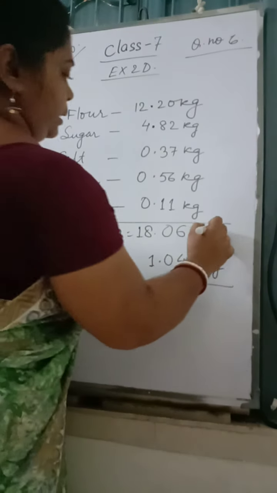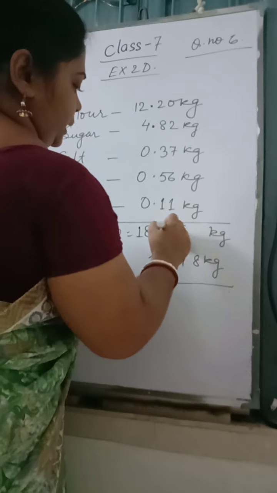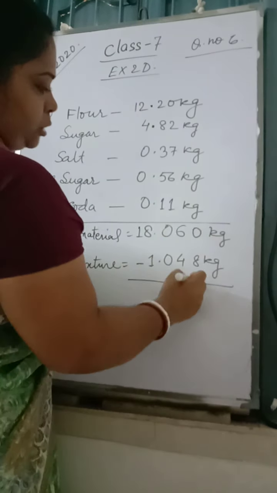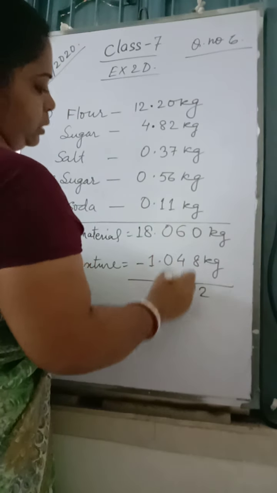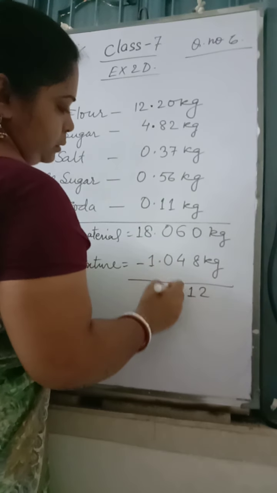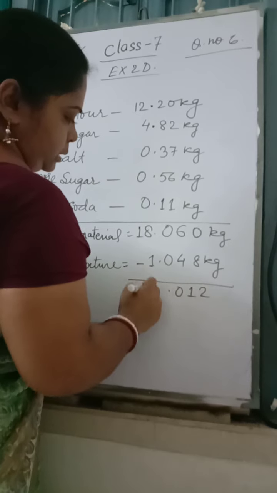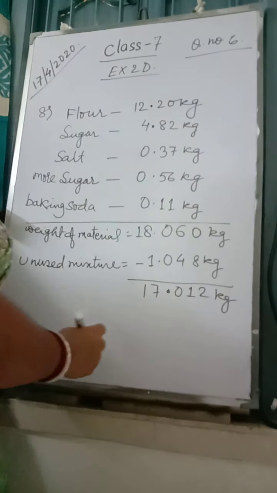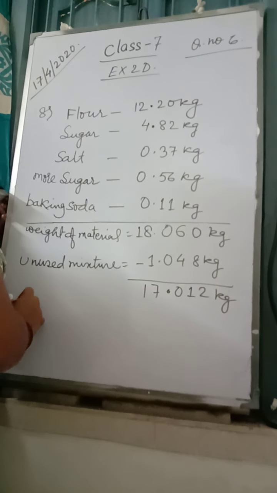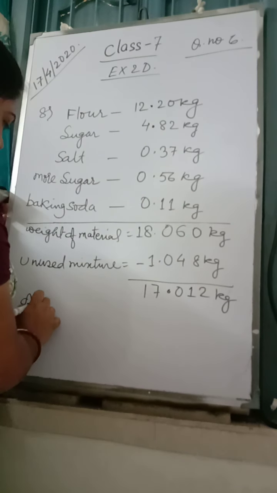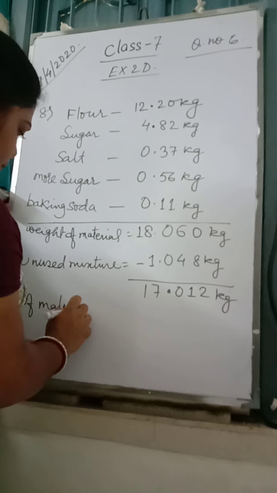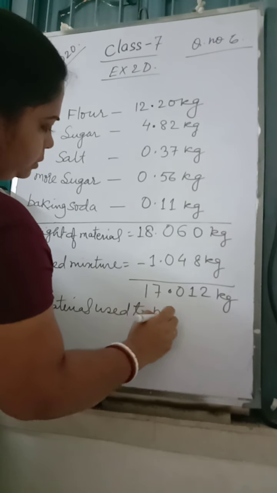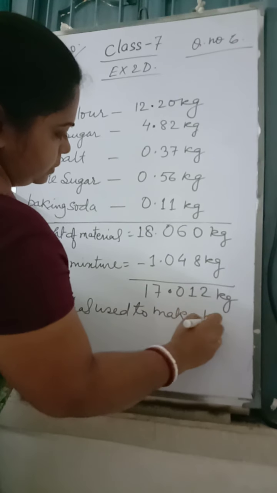Now you see, up I had only 2 digits, down 3 digits. So what I will do, I'll give 1 zero. So 10 minus 8 is 2, 5 minus 4 is 1, 0. This much kg of material used to make biscuits.